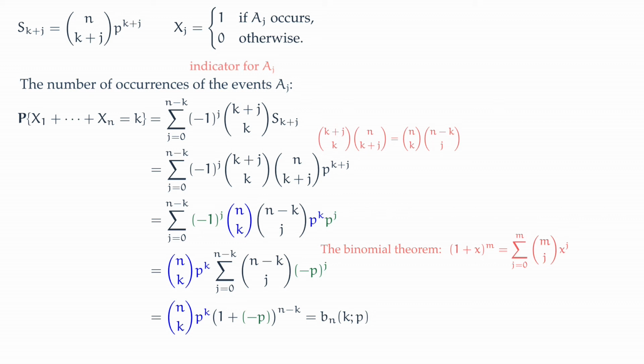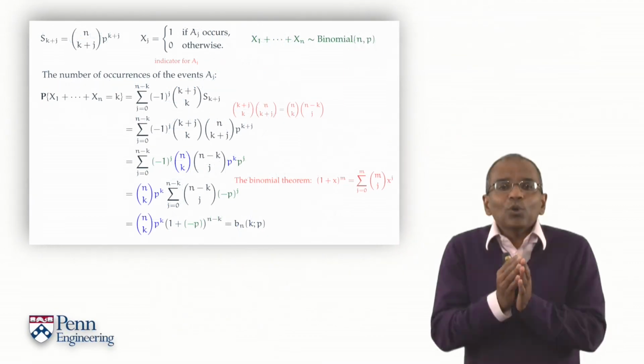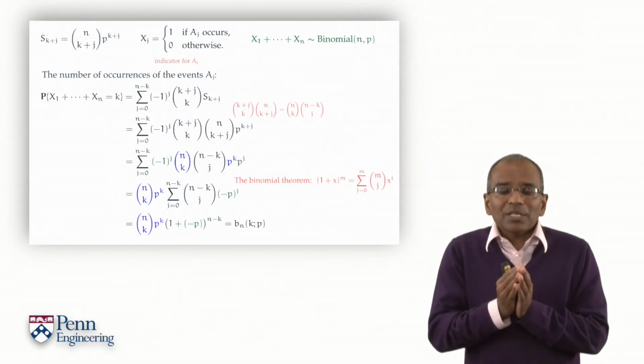We rediscovered the binomial distribution magically, beautifully. What we have just discovered is that the number of occurrences of the events A1 through An, in other words, the sum of indicators X1 through Xn, is governed by a binomial distribution corresponding to n tosses of a coin whose success probability is p. This is lovely. It is always gratifying to have old acquaintances come back to us.